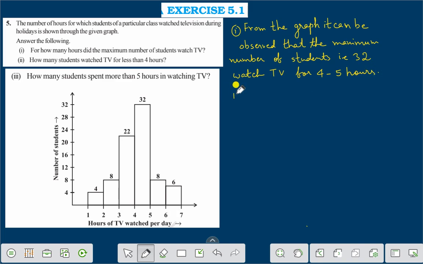Now question number 2. Question number 2 is how many students watch TV for less than 4 hours? Less than 4, that means this group, and this group, right?